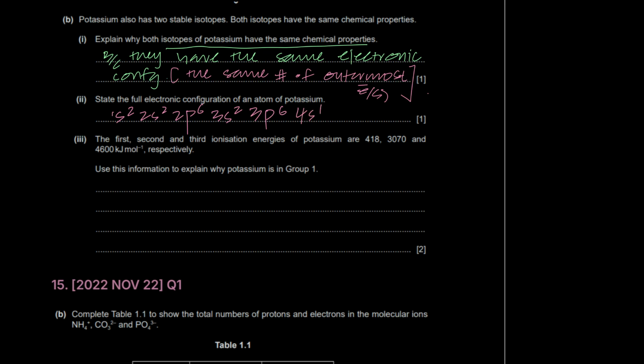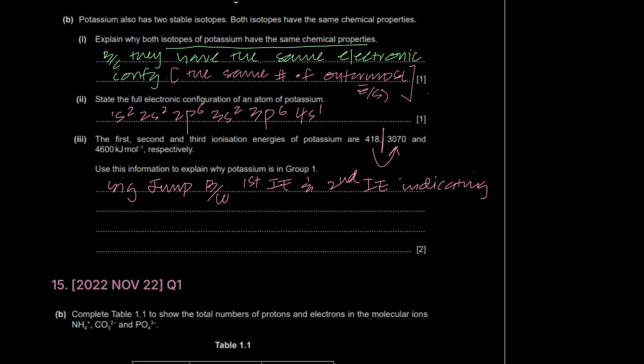Now it says the first, second, and third ionization energy of potassium is 416, 3070, and 4600 respectively. Use this information to explain why potassium is in group 1. Now, how would you use this information to explain why potassium is in group 1? Because you'll realize that it only has 1 electron in its outermost shell, and that is indicated by this jump right here. So there's a big jump between the first ionization energy and second ionization energy, indicating, what does that indicate?